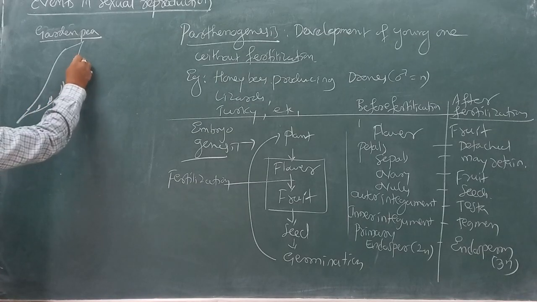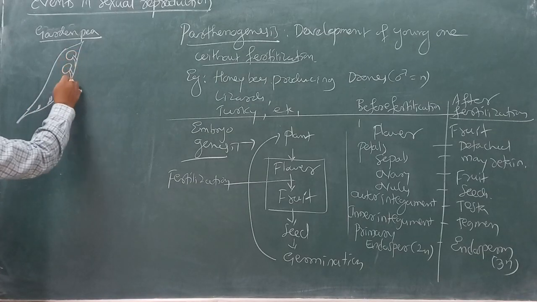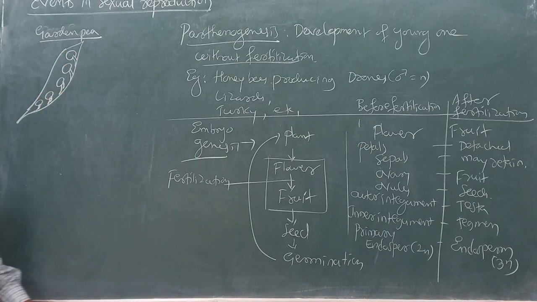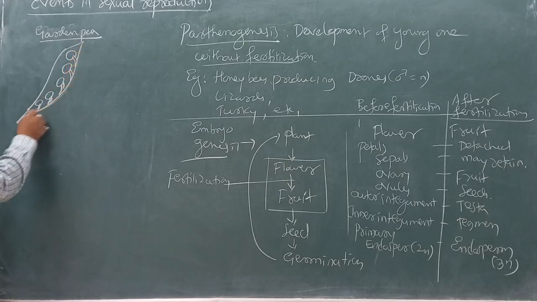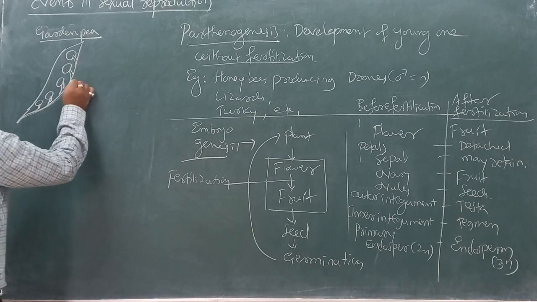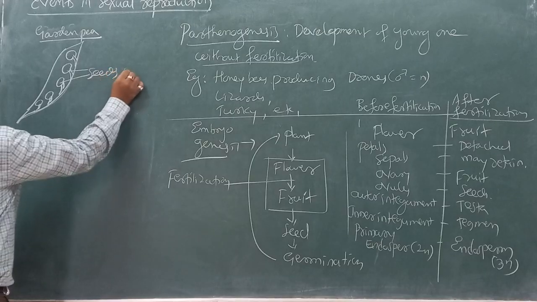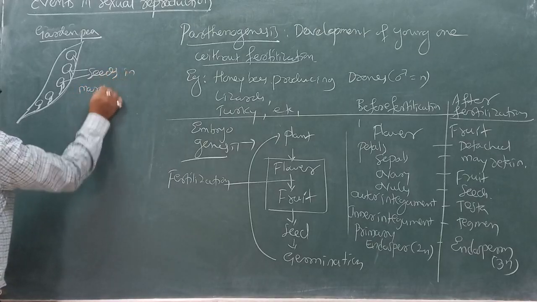After fertilization, everything develops into the seeds. These were ovules before, attached to a margin. The arrangement of the ovules inside the ovary is placentation.